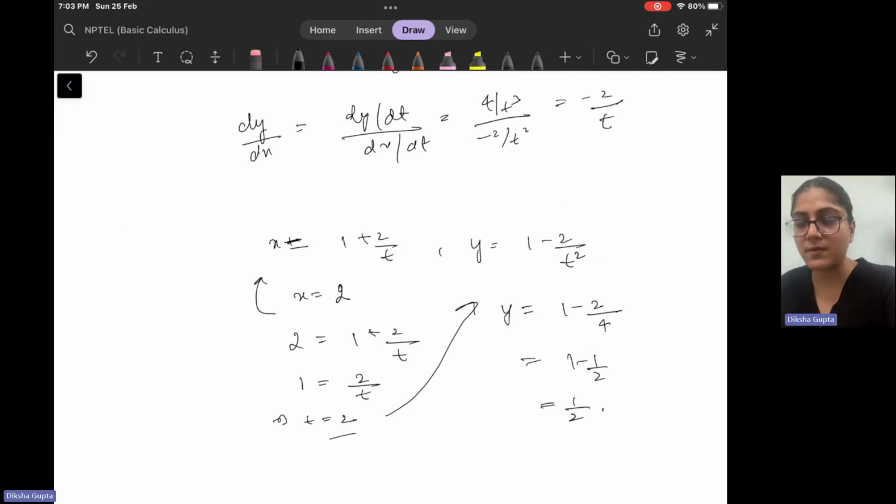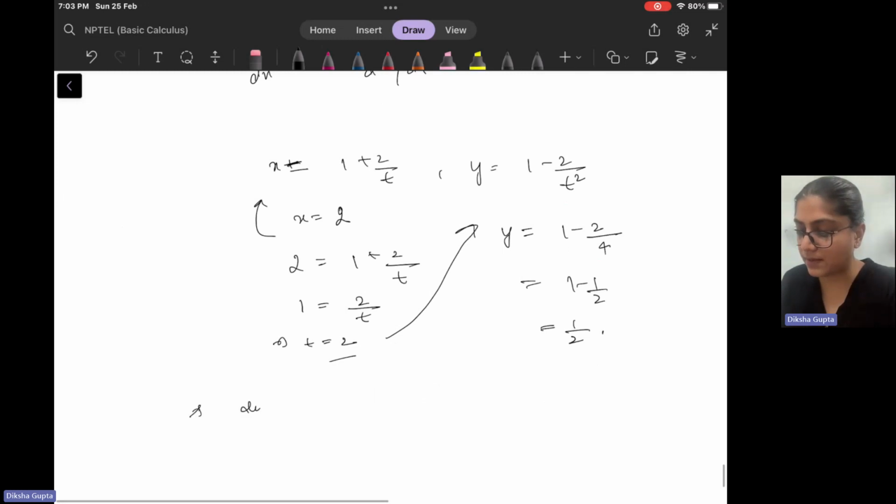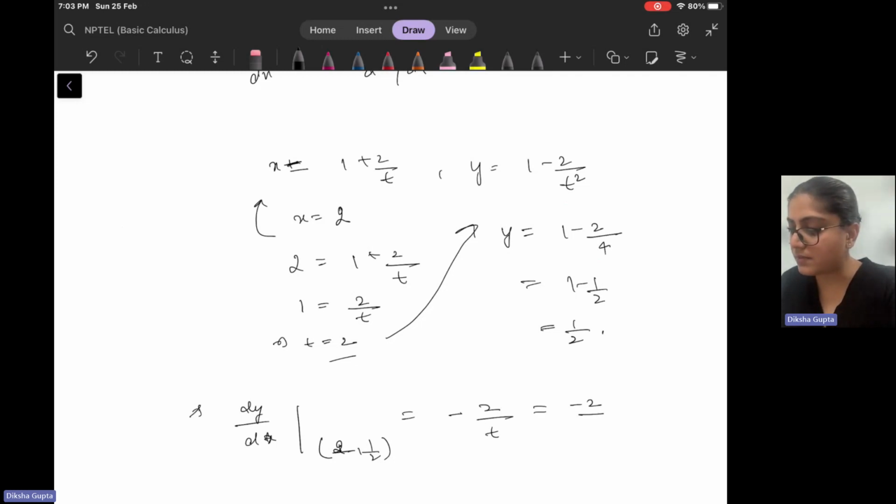If (2, 1/2) lies on the curve, the t it corresponds to is t equals 2. So dy by dx at the point (2, 1/2), corresponding to t equals 2, is equal to minus 2 by t, so it is minus 2 by 2 equals minus 1.